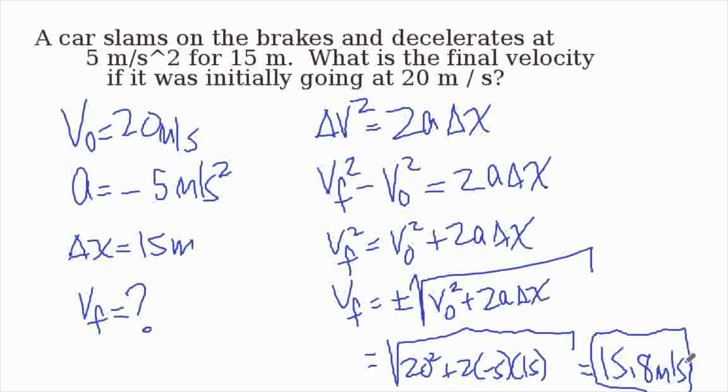Okay, what about, let's do one more. Well, let's do one that uses all of the kinematic equations, and then I'll show you how you can tell which kinematic equation to use in what situation. All right. So how about this one?